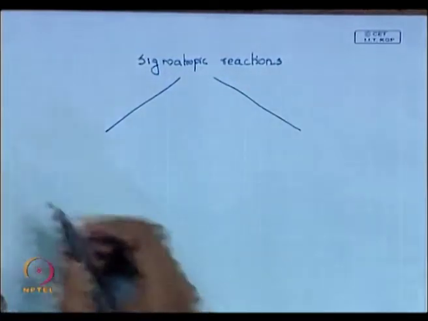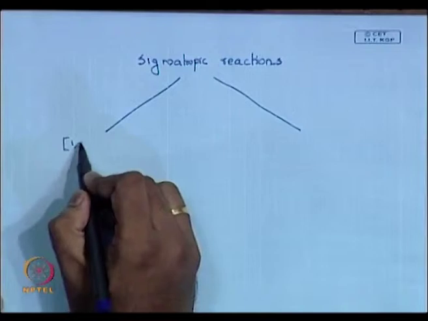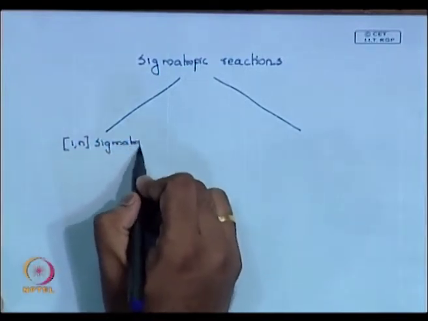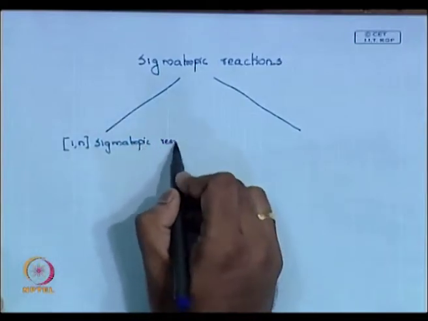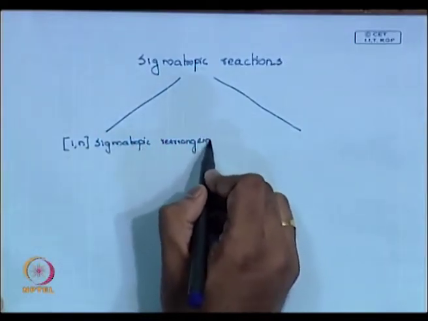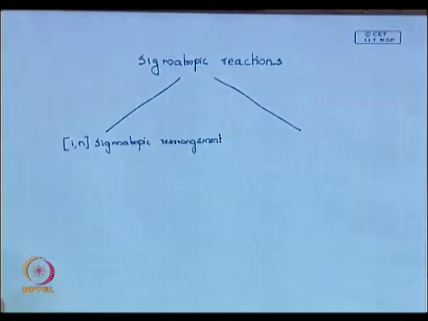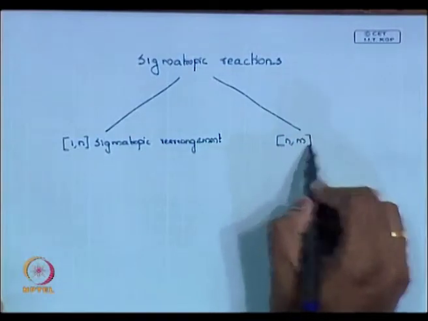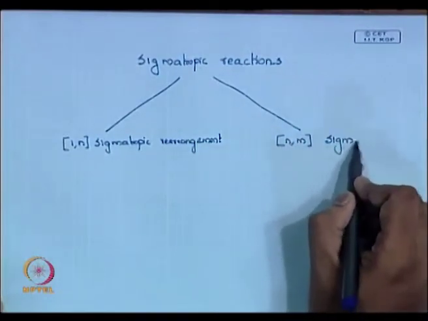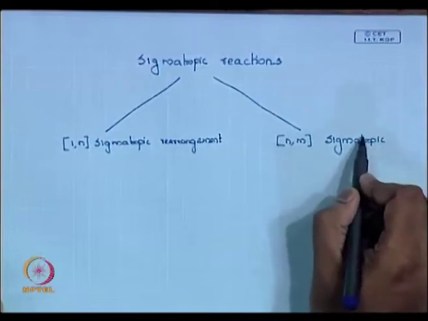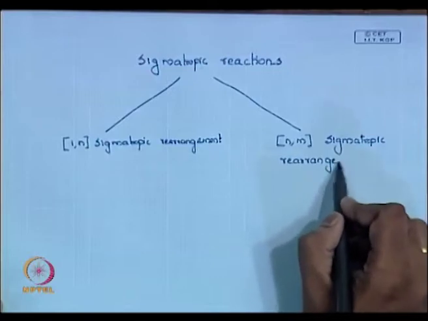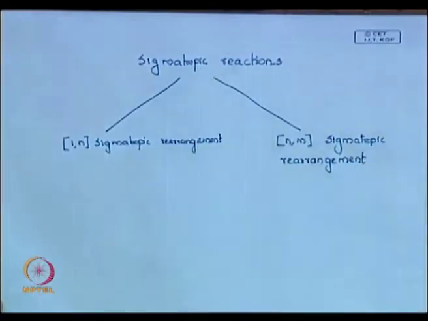One you call as 1,n sigmatropic rearrangement, another you can call as n,m sigmatropic rearrangement. That is how you can broadly classify them.